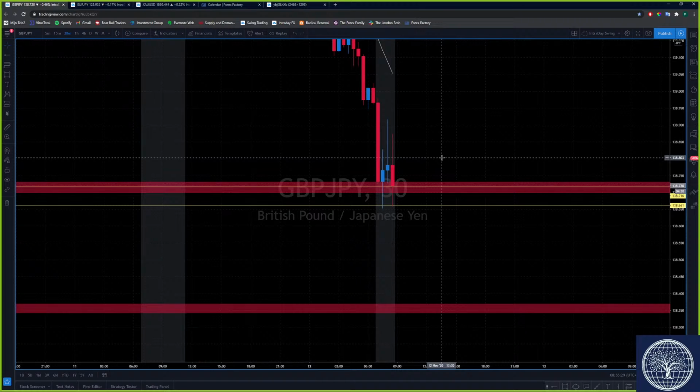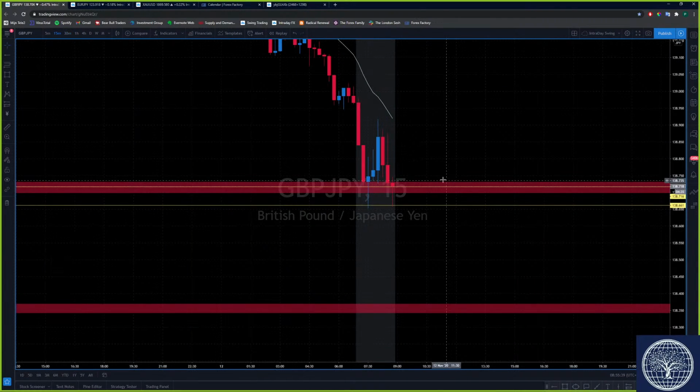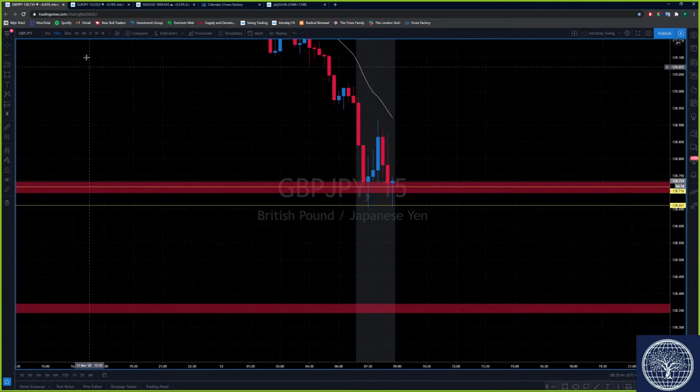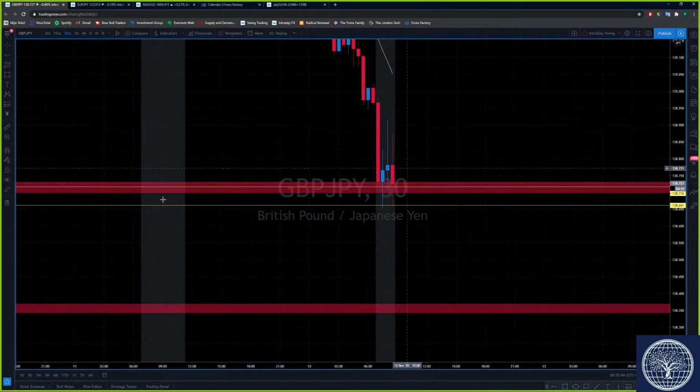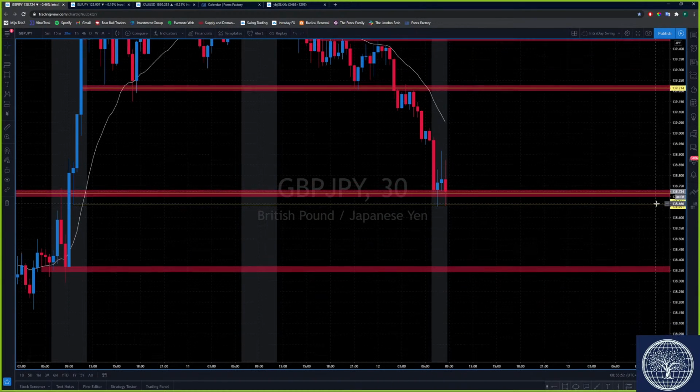And if price is trending, you can only really take stop buys and sell stop orders as price moves in your direction, I think. But yeah, it's super hard to call a reversal with support and resistance.